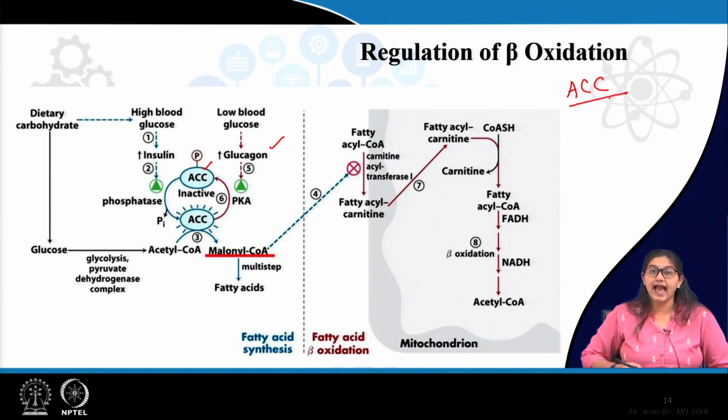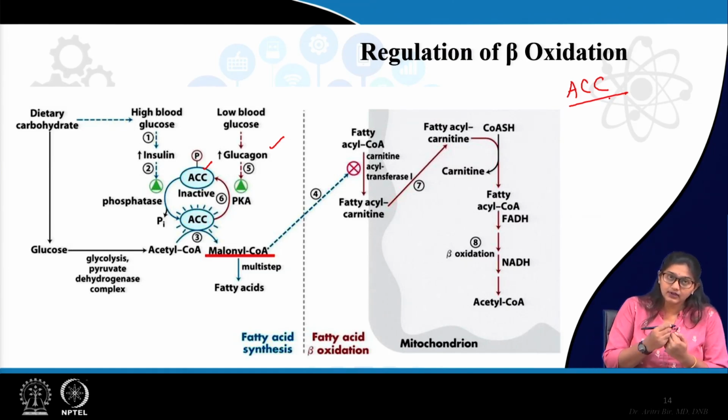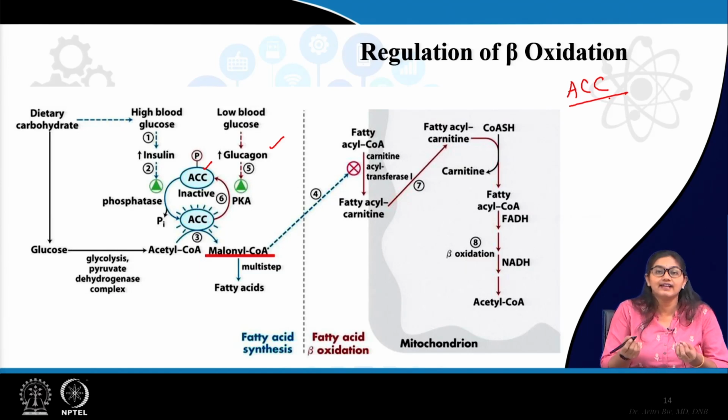Now, when there is activation of acetyl coenzyme carboxylase, it means there is adequate energy, so fatty acid synthesis can be done. Why? Remember, when there is adequate flow of glucose in cell, that glucose enters glycolysis and forms acetyl coenzyme A, and that acetyl coenzyme A can enter fatty acid synthesis.